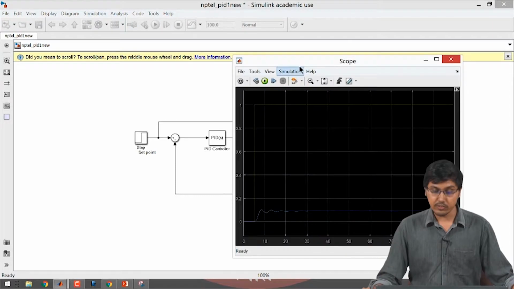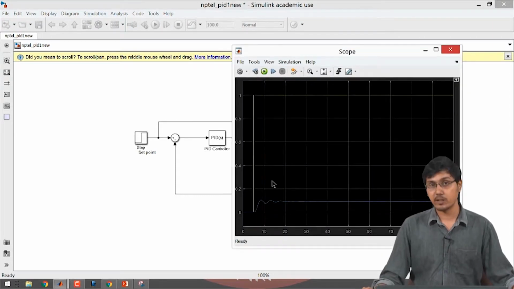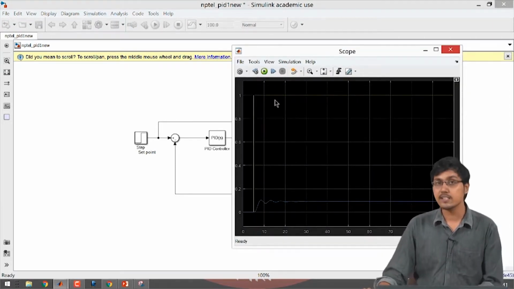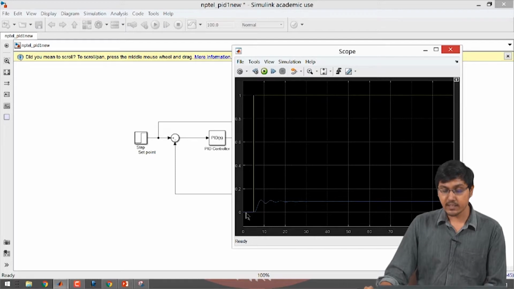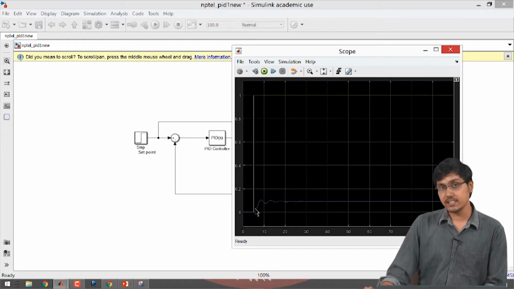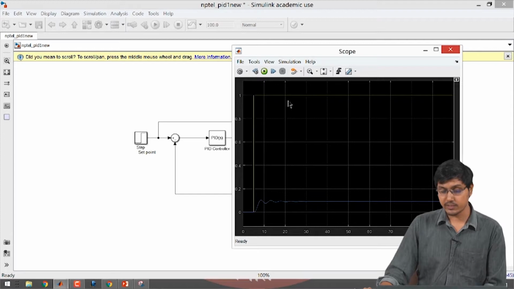Now, if you look here, the yellow line shows the set point change. This is how we wanted the output of the process to vary, but what has happened is that the output has increased from 0 but has some error. We want the value of 1 here, but it settles at around 0.1. This is called steady state error.